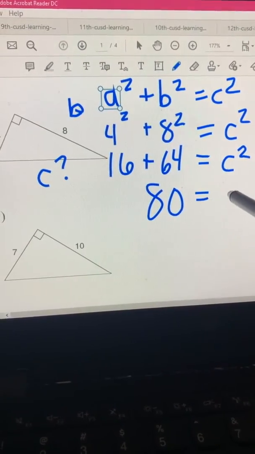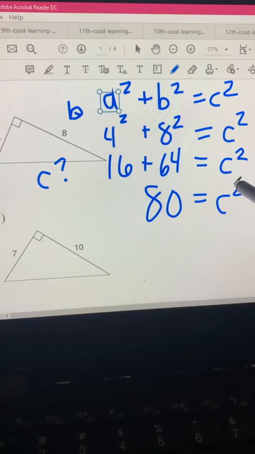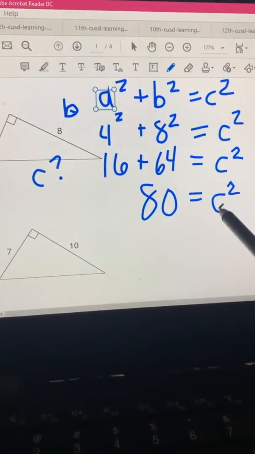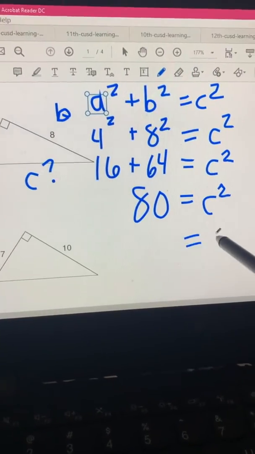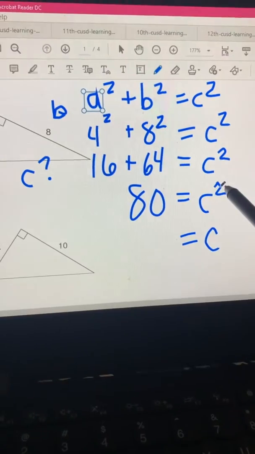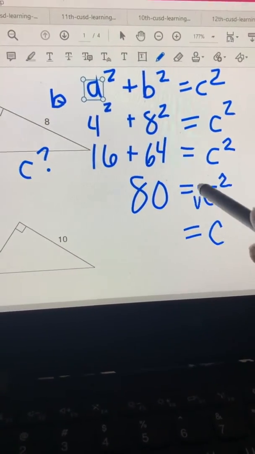But now I still have to get rid of this square that I just wrote. The whole point is that at the end of the day, you need the problem to just be C, so we have to get rid of this. You take the square root of both sides.